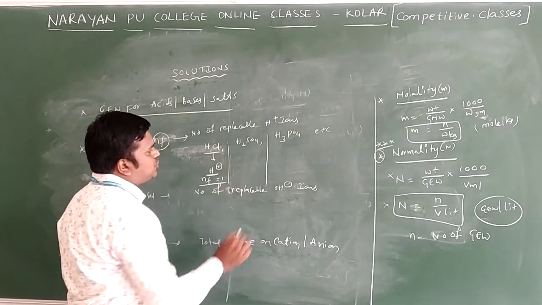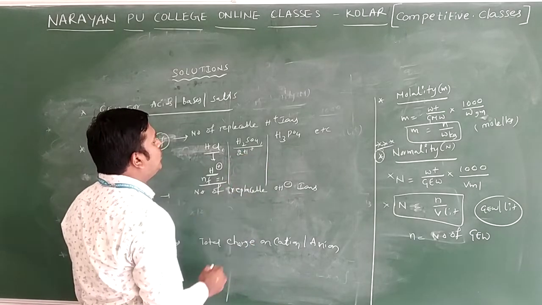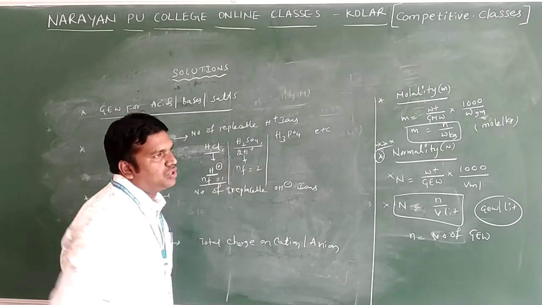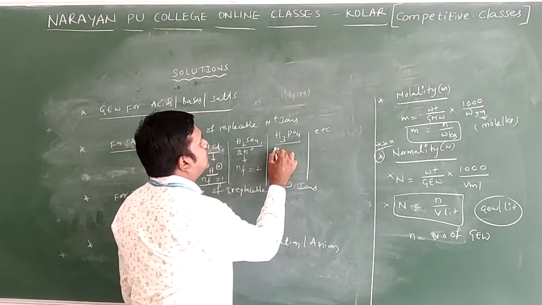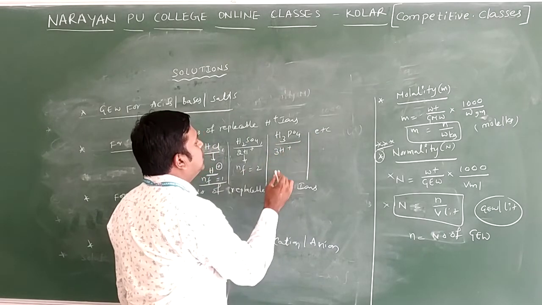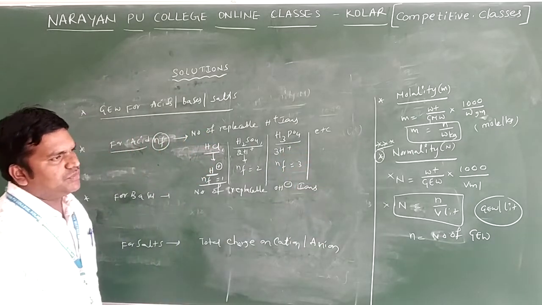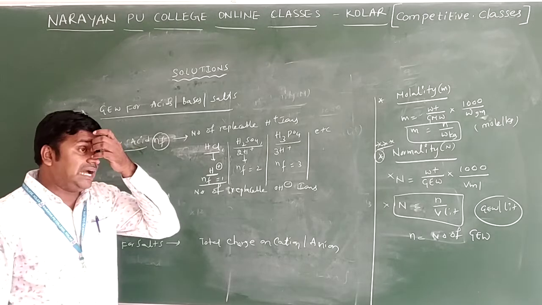Now come to H2SO4. H2SO4 gives how many H plus ions here? 2 H plus ions. So what is the N factor here? N factor is equal to 2. Come to H3PO4. They give H plus ions how much here? 3 H plus ions here. N factor is equal to 3 only. So generally what is the formula we are using to identify the gram equivalent weight of acid?